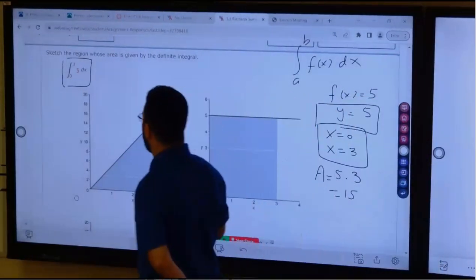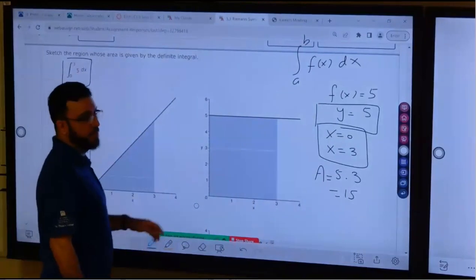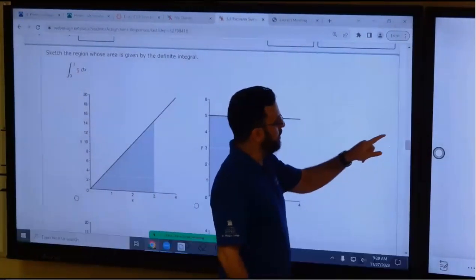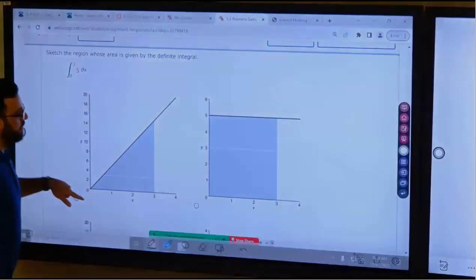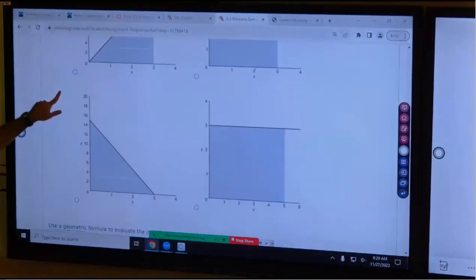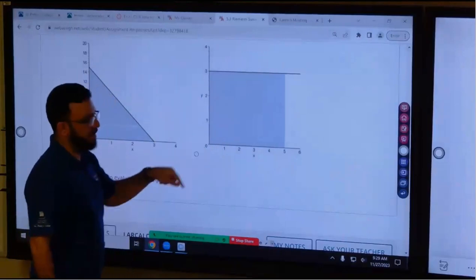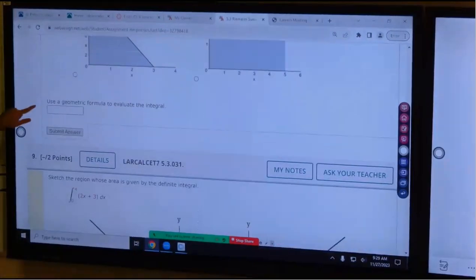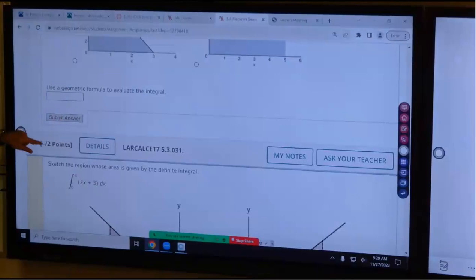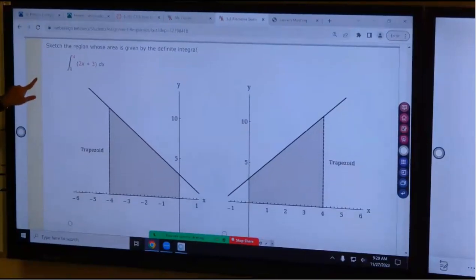Any question about this one? You just choose this one. Check, the other one is the opposite. Use geometric formula to evaluate the integral. Now, what about this one?